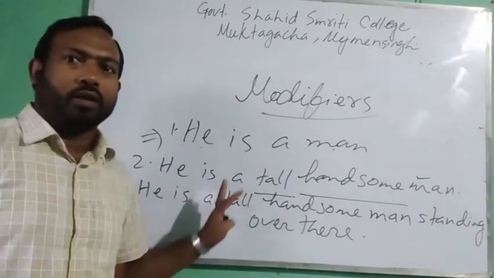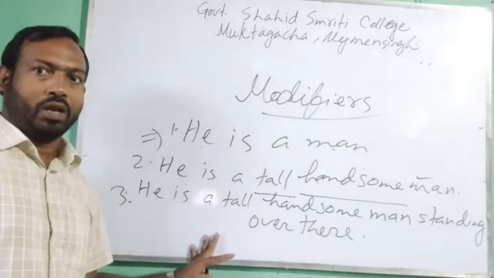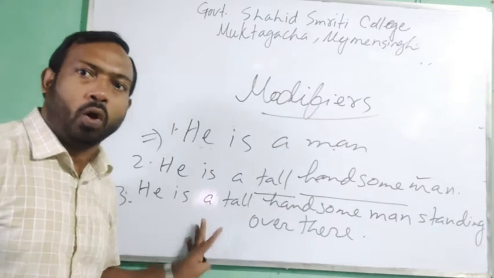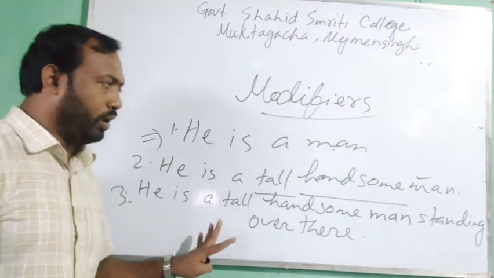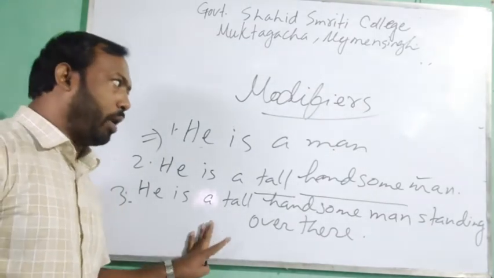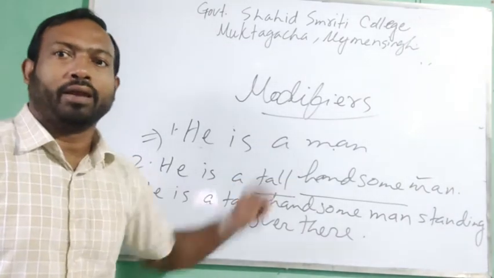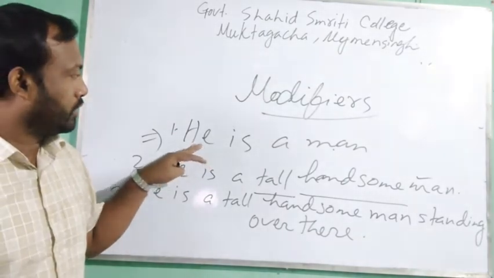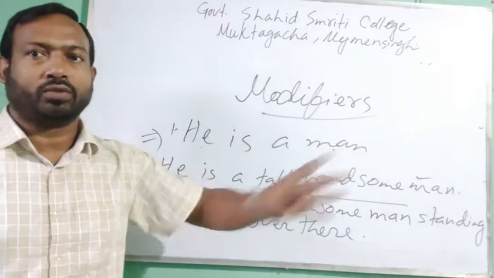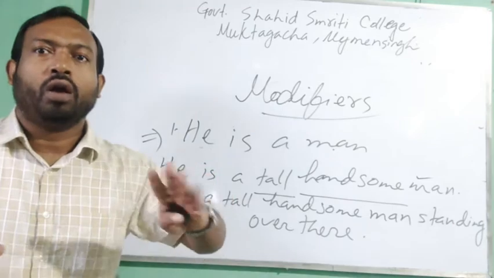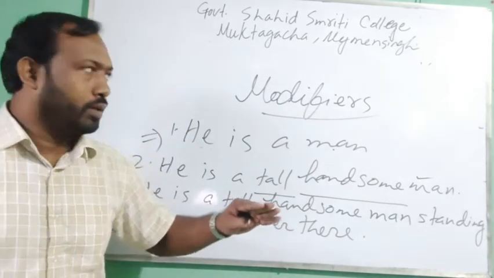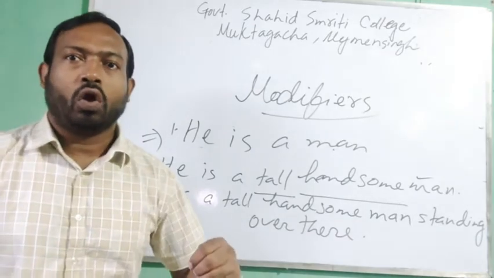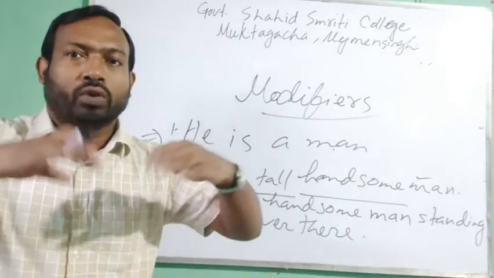If we compare these three sentences, we see that sentence number 3 gives more specific information about the man. In the first sentence, it says just that he is a man, but we don't know anything more about him: who the man is, where he comes from, what he is doing, or how he looks.